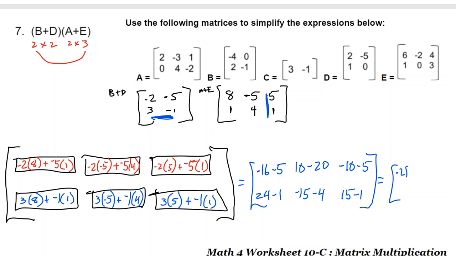I can do better than that. There's 23 there, and negative 10 there, and negative 19 there, and negative 15 there, and 14 there.